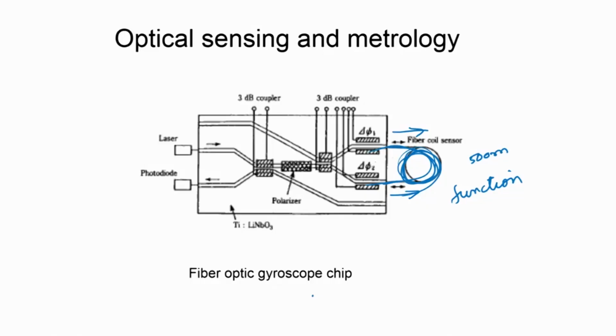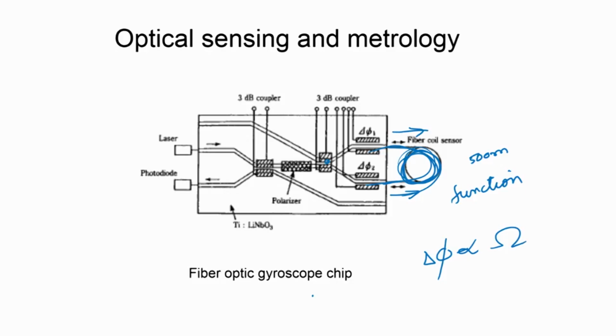So, in a typical fiber optic gyroscope you have an optical signal going in the clockwise direction and counterclockwise direction, and they are superposed at this coupler, and the phase difference delta phi between the clockwise and counterclockwise beams can be shown to be proportional to the angular velocity of the coil if you put it on a rotating object.